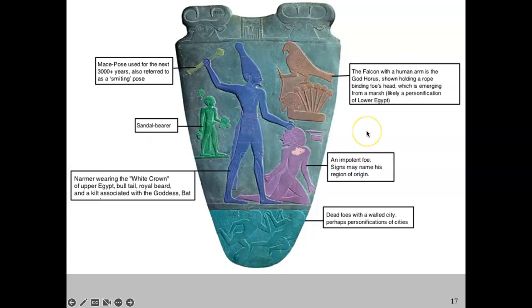On the right side, we see the god Horus in falcon form. He is holding in his hand a rope that goes around the neck of a human head. You'll notice that he doesn't have the talons of a falcon, but rather a human hand. The body of that head is a papyrus plant.